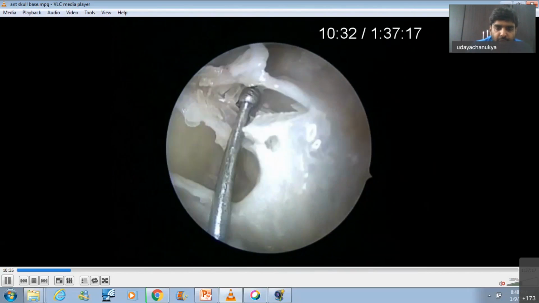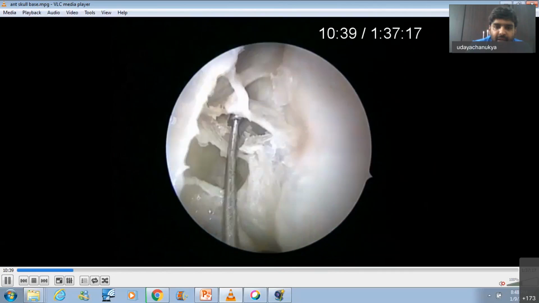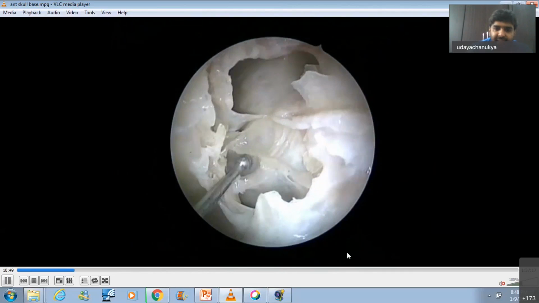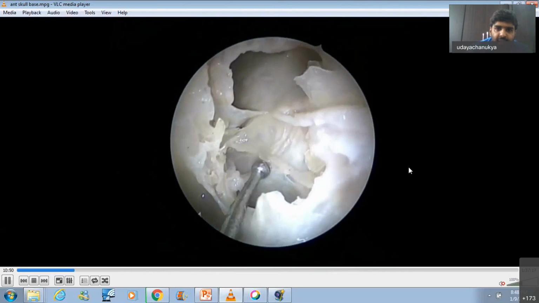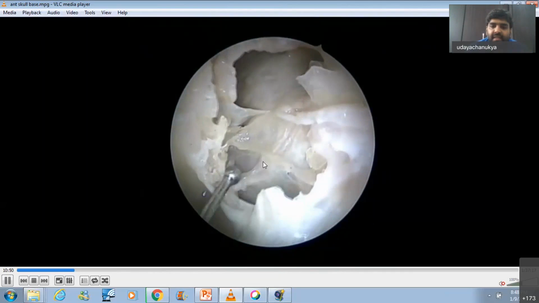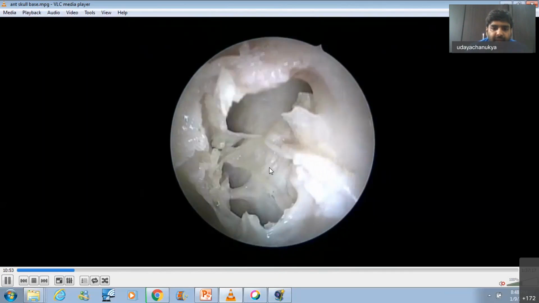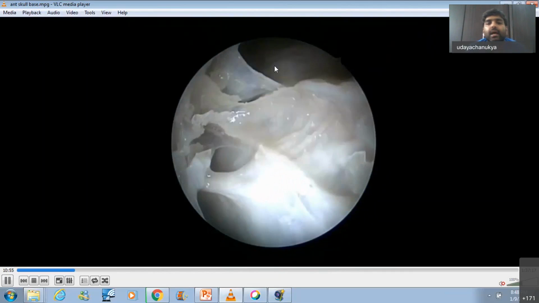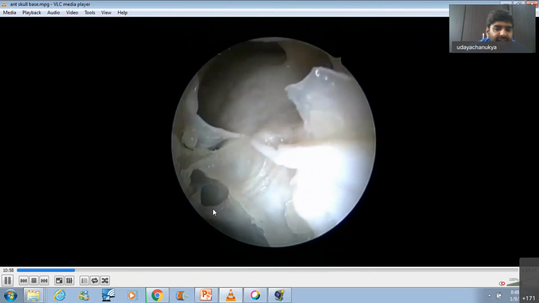Fine dissection in order to preserve the ground lamella and to show the ground lamella intact. Yeah. So one can clearly see this is the ground lamella, and this is the anterior ethmoidal artery. This is the frontal sinus, frontal recess, and this is the anterior ethmoidal artery.